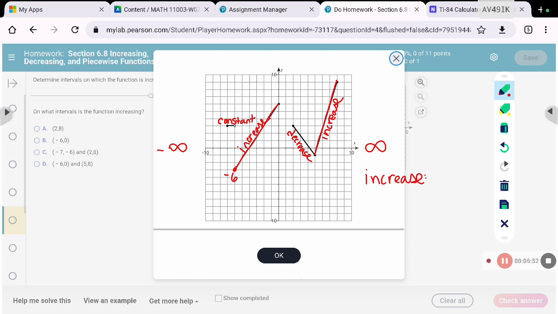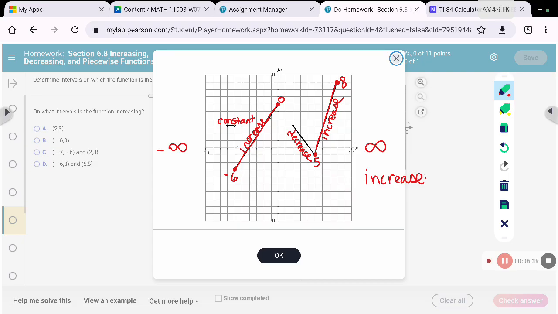And this one's x coordinate where it stops the increase is 0. Here's another where it starts an increase. That one's x coordinate is 5. And then it increases until it gets to this last point here, and that one's x coordinate is 8.